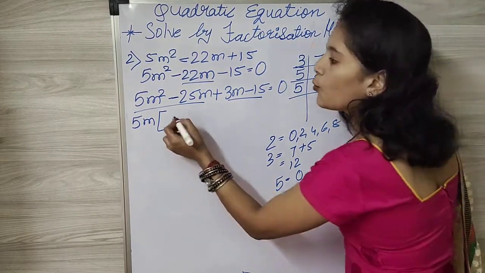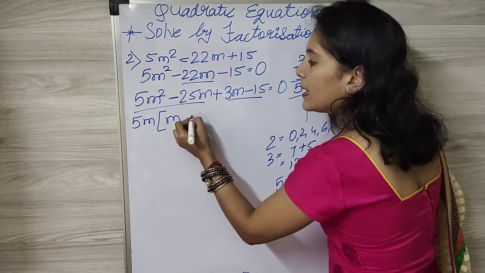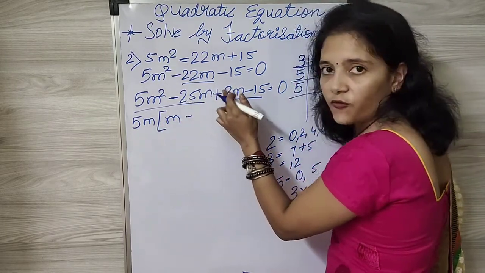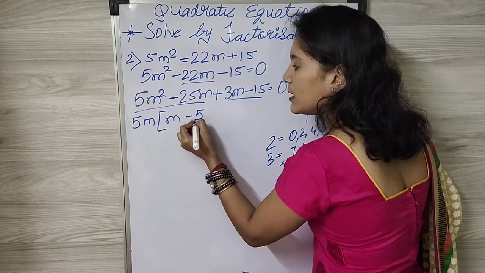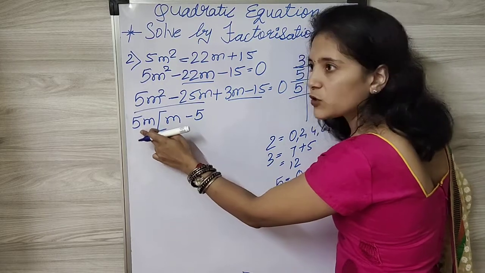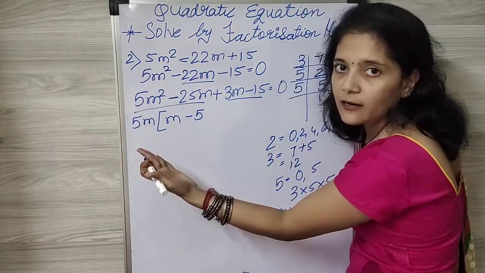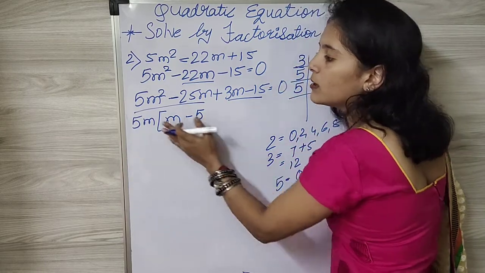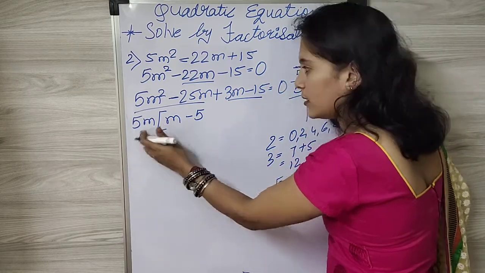What is remaining here? Only m. Minus. Now 5 I have taken out from 25. 5 5s are 25, right? So what is remaining here? 5. As 25 is divisible by 5, I have taken 5 outside, right? If 25 were not divisible by 5, then I wouldn't take out 5 as a common, right?